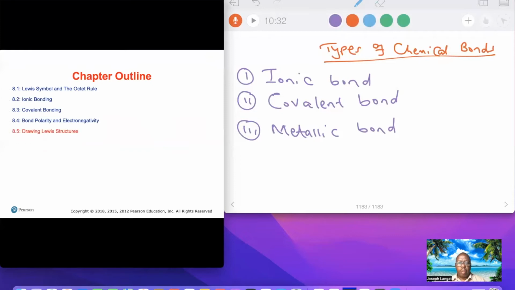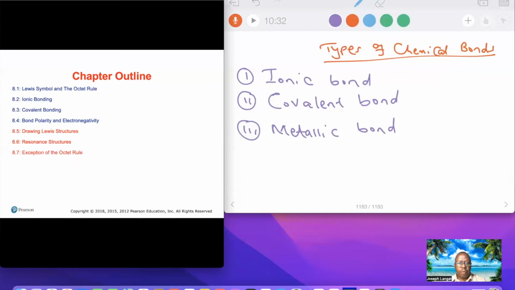In part B, we look at how to draw the Lewis structure for molecules and polyatomic ions or just ions. And we move on to the resonance structures, that is structures of the same molecules having either double bond or triple bond in different locations of the molecule.